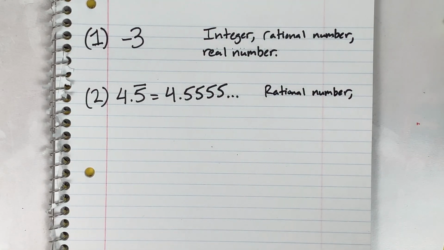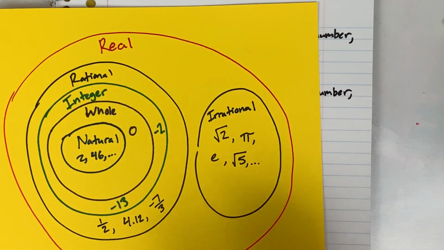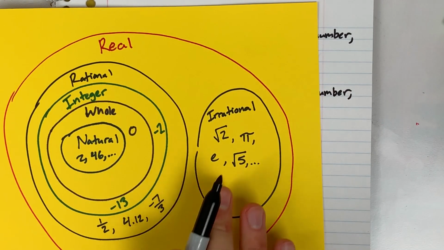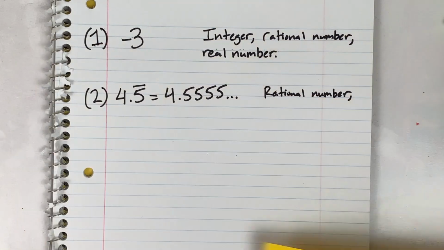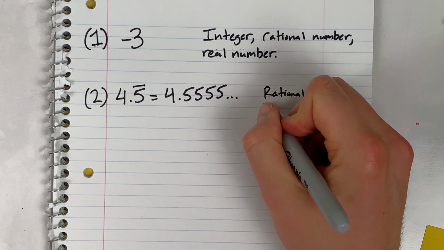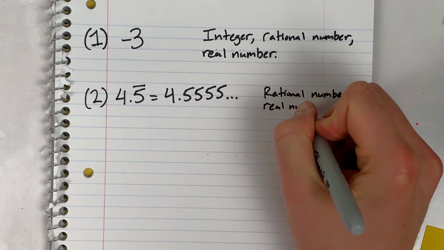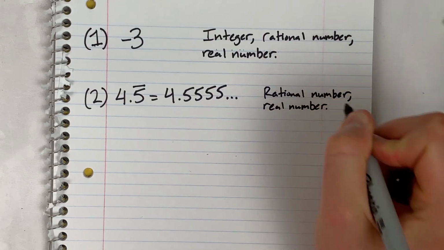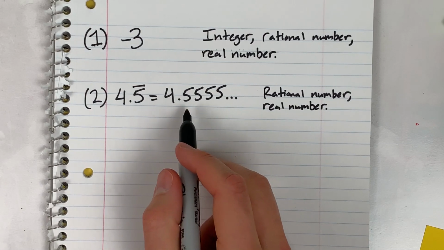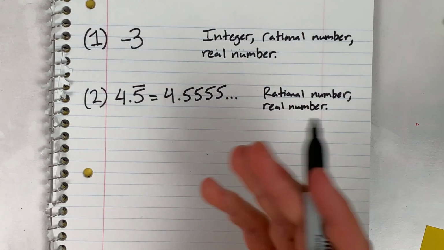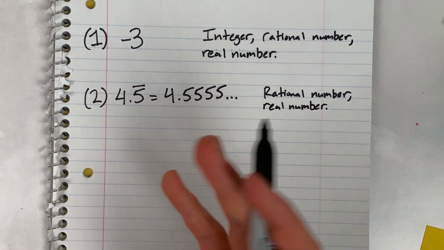Then, once again, based on our picture of how our numbers fit together, since 4.5 repeating is rational, it's also real. And that's it. We know that's it because 4.5 clearly isn't an integer or a whole number because it has a fractional or decimal part.